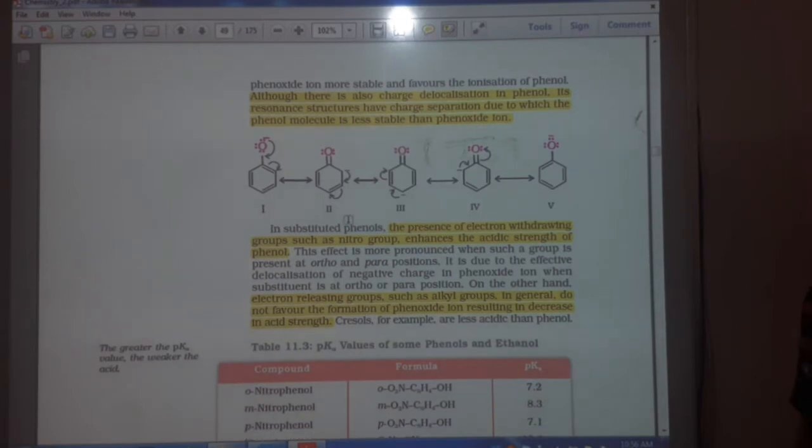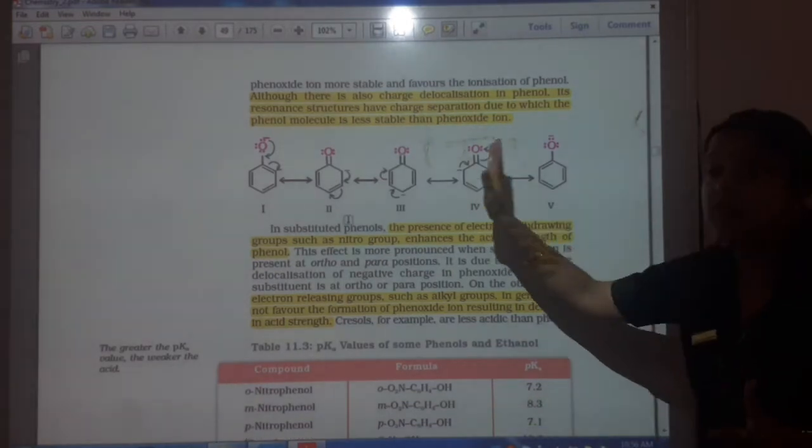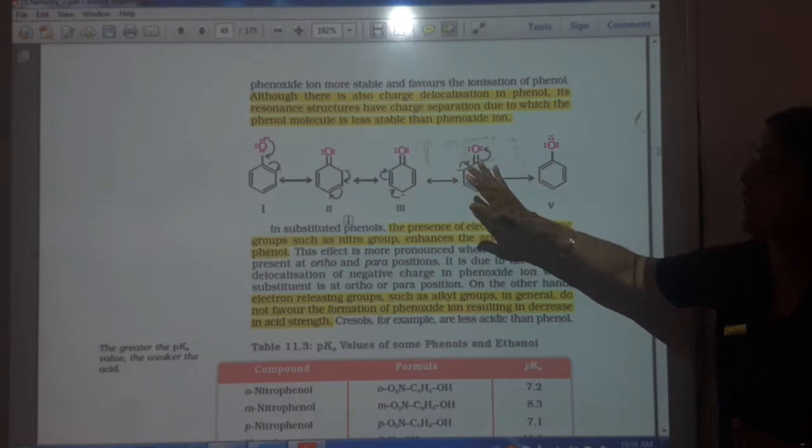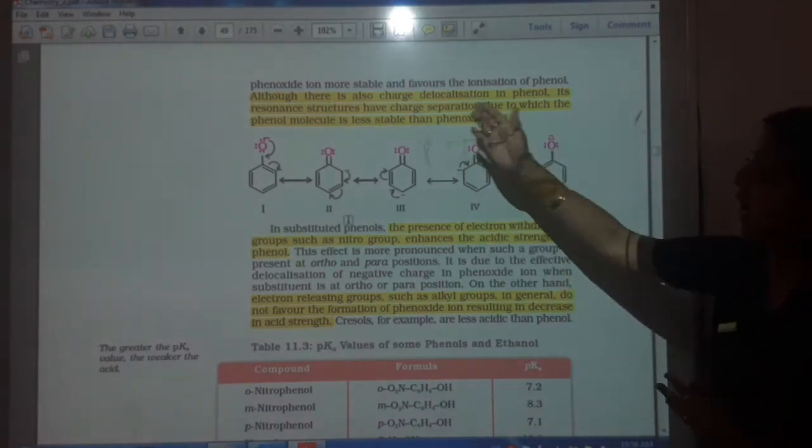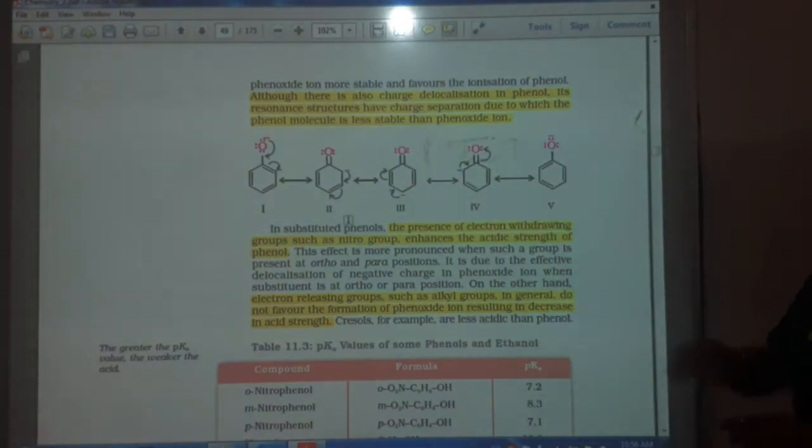When phenol and phenoxide ion are compared, both have resonance structures, but the phenoxide ion becomes more stable as compared to the phenol molecule, right?